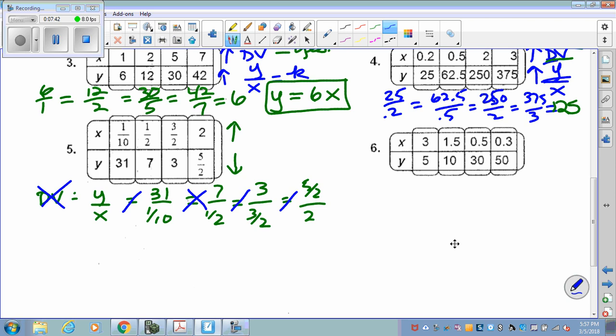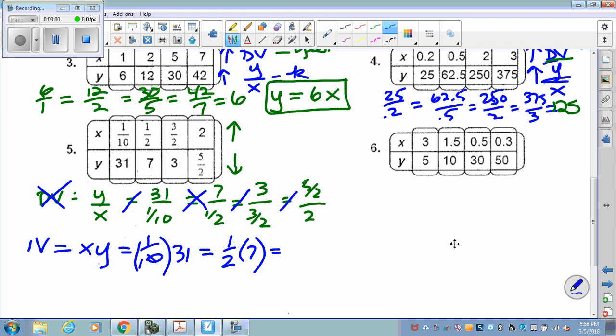But it could be inverse, right? If I want to check for an inverse variation, that means x times y is going to be a constant. So I would take 1/10 times 31, see if that's equal to 1/2 times 7, see if that's equal to 3/2 times 3, see if that's equal to 2 times 5/2.